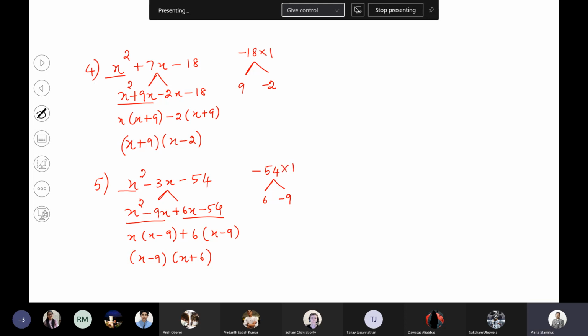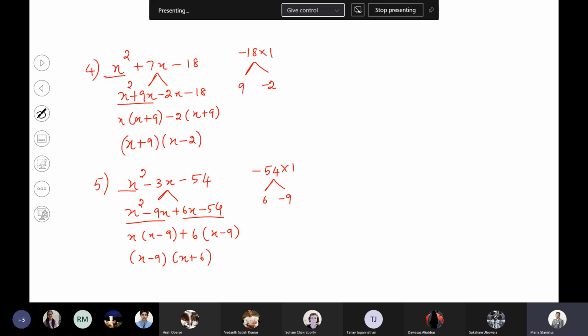Since the number is 1, we don't include it there. Always the product is the coefficient of this and the constant term. But since this is 1, we have ignored that part. Now, if there is a coefficient, then you can use that.